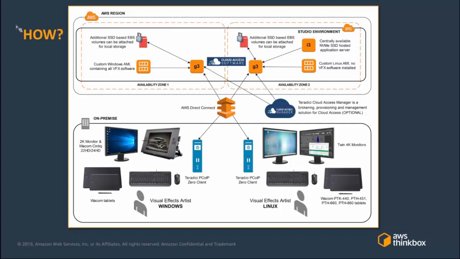On the left-hand side, you have an Amazon Machine Image, or AMI as it's called, and this is essentially your own image with your software installed on it. You can customize it, install your plugin scripts, and it can essentially be an exact replica of what your machine spec might look like in terms of software load on premise.